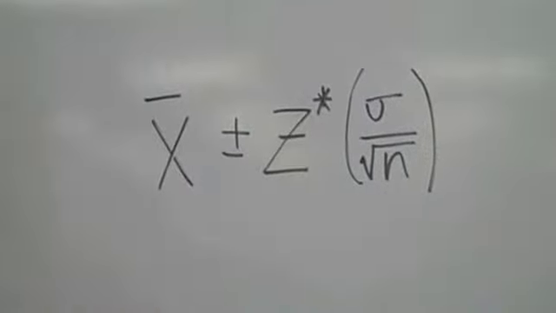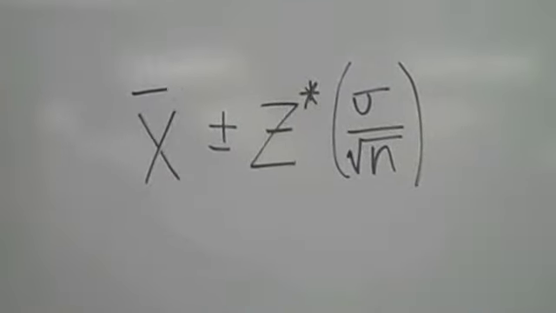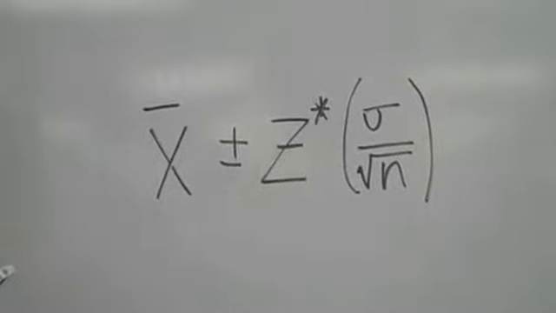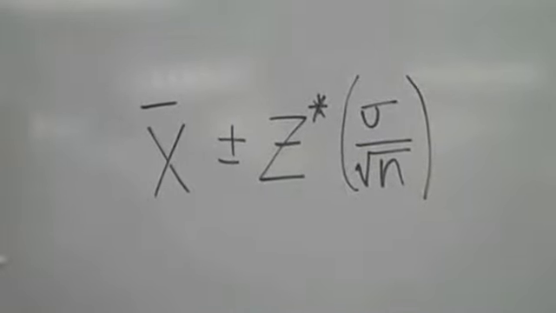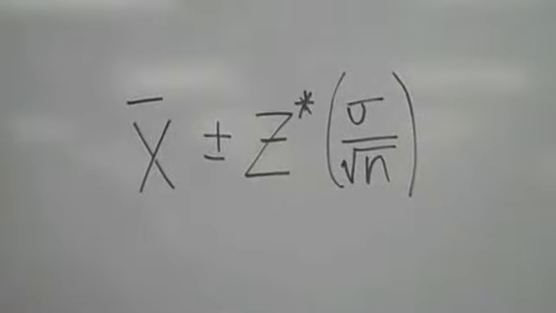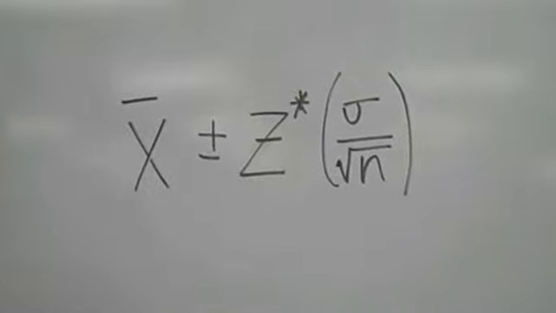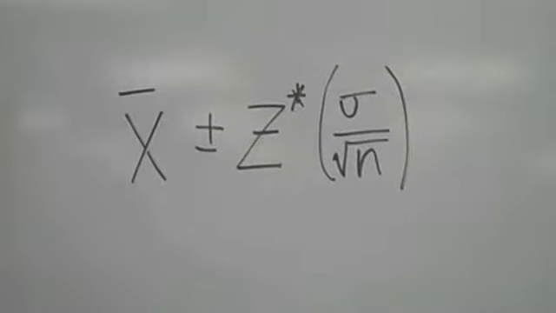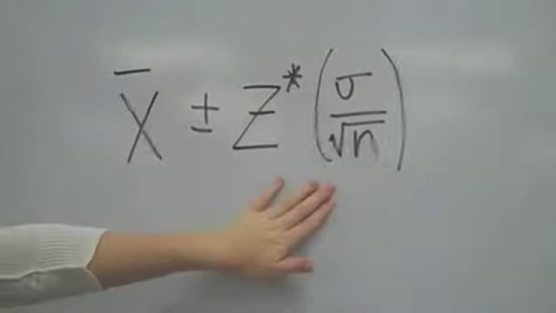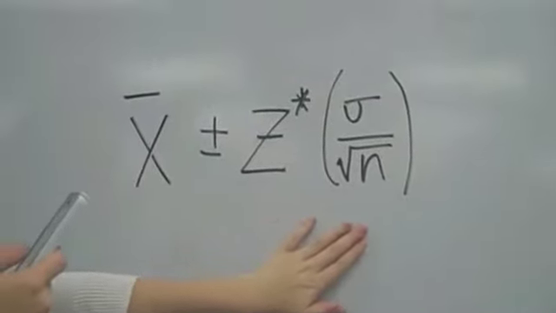Okay, so just to recap what we talked about, a confidence interval uses sample data to estimate an unknown population parameter with an indication of how accurate the estimate is and how confident we are that the result is correct. Any confidence interval has 2 parts. We have the estimate, which in this case is x bar, and the margin of error, which is shown by this formula.